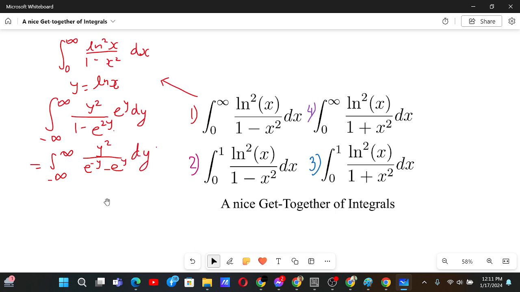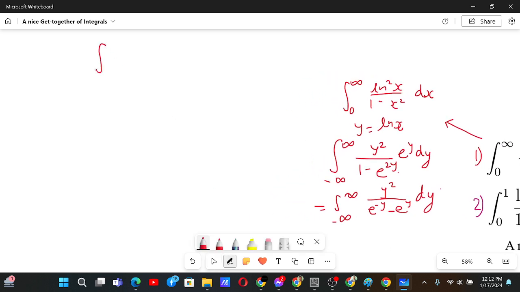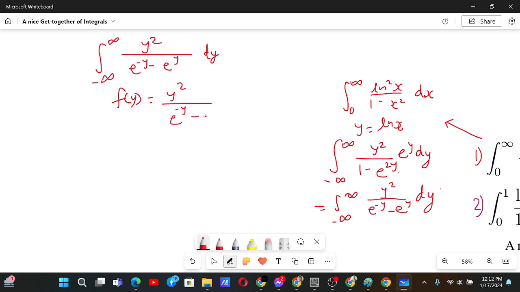Now there is something special about this function. So this is the integral from minus infinity to infinity of y square by e to the power minus y minus e to the power y dy. Now let this be f of y. And if you try to find f of minus y, this will be y square by e to the power y minus e to the power minus y, which is just minus f of y.